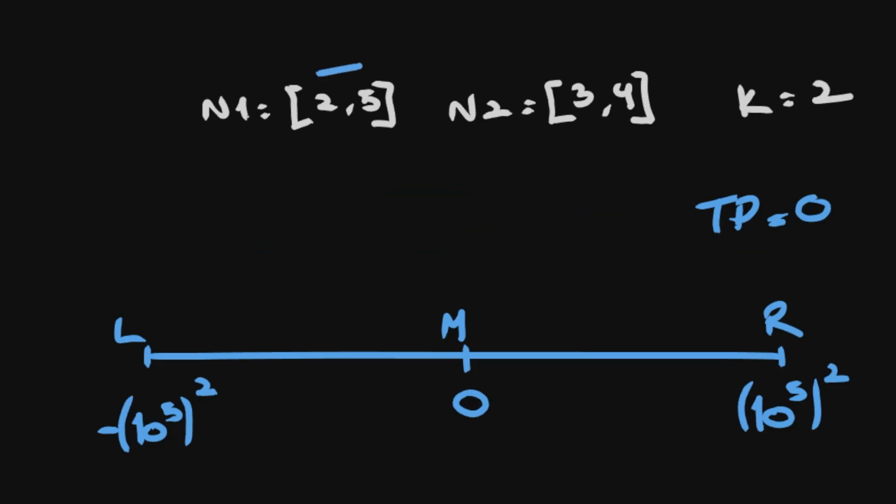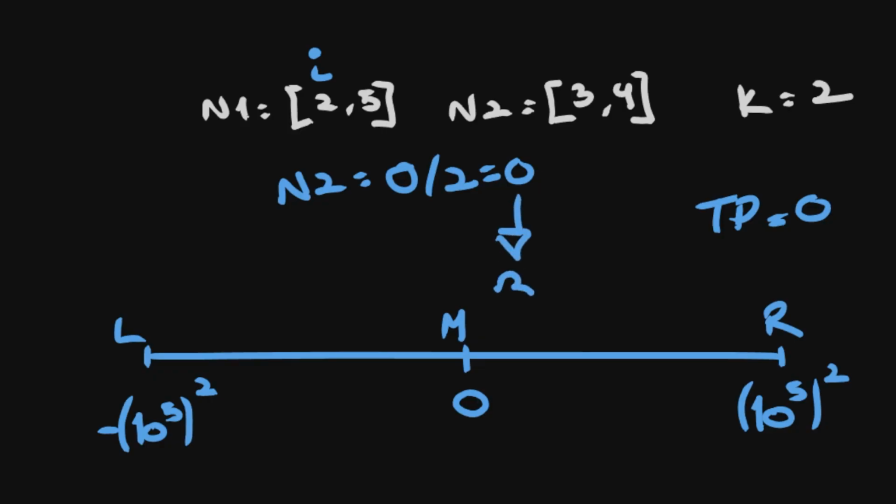We iterate this from left to right with an I pointer from index 0. So first we have a 2. We know our target product is 0. So n2 in this case is 0 divided by 2, and this is 0. So now we'll run a binary search with this target on this array.